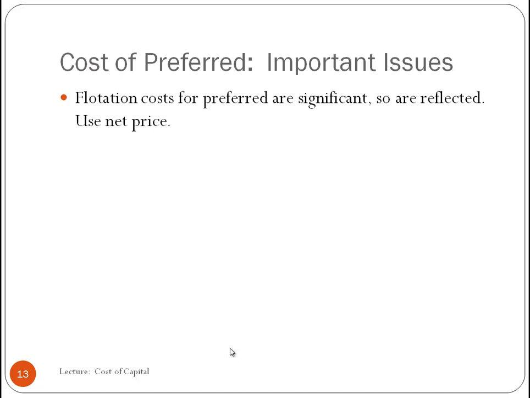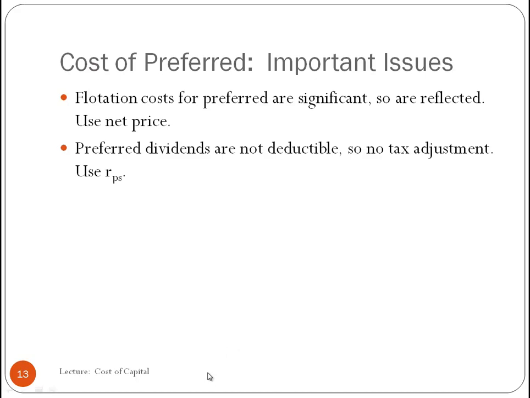In common stock equity, it's even more. But these guys took a pretty big cut, so we wanted to include that in our equation. Preferred dividends are also not deductible for tax purposes, so there's no tax adjustment. We just use the value that we calculated, 9%.